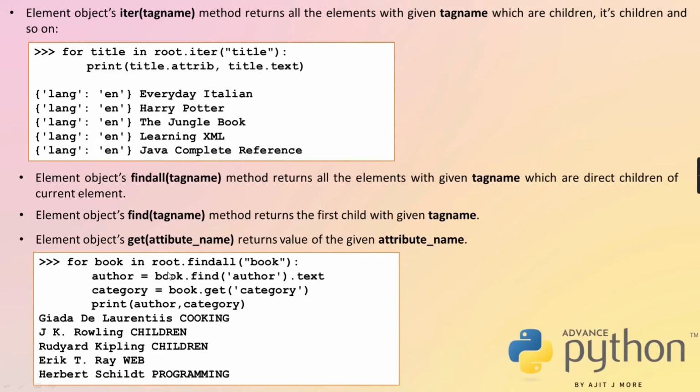So the first child of each book will be returned, because find returns only the first child, but the first child with the tag name author, and its text you are accessing. And then that root child's attribute category.